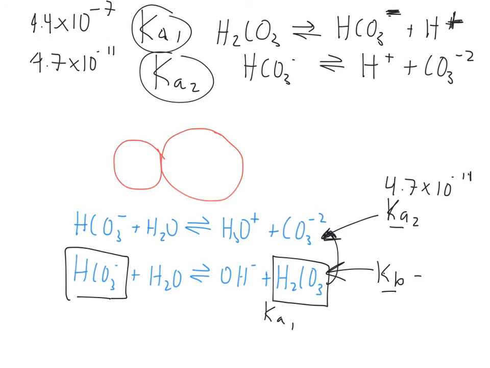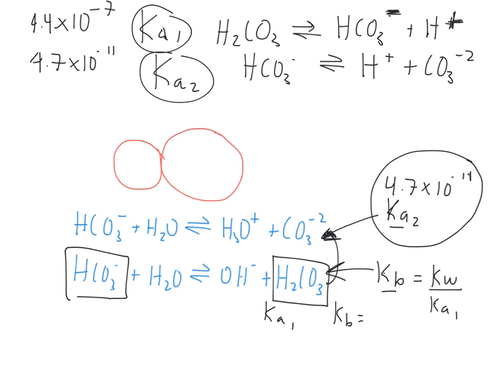So you need to get the Kb by taking Kw, divide by the Ka1, and whatever that value is, you're comparing to this Ka2 to decide which is the dominant system. So I'm going to quickly calculate what that Kb value is. The Kb is 2.3 times 10 to the negative 8.